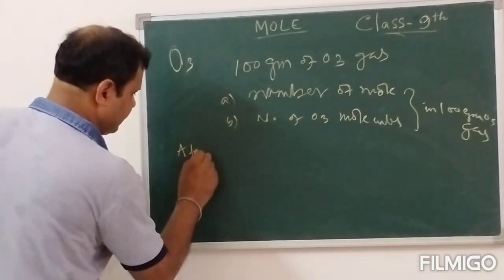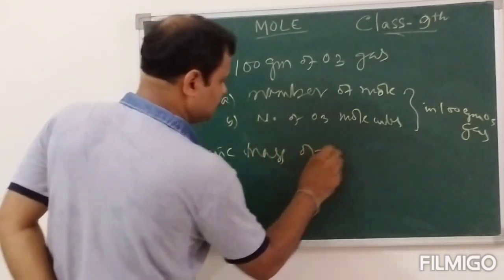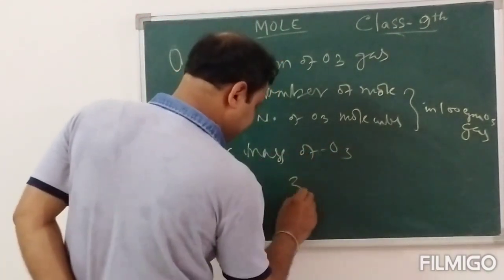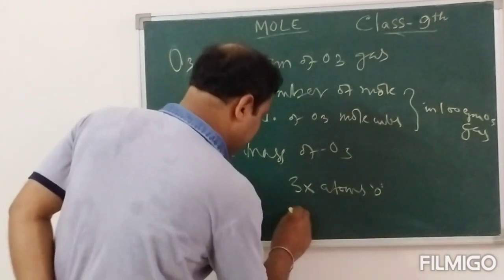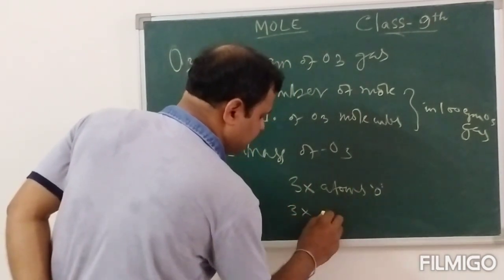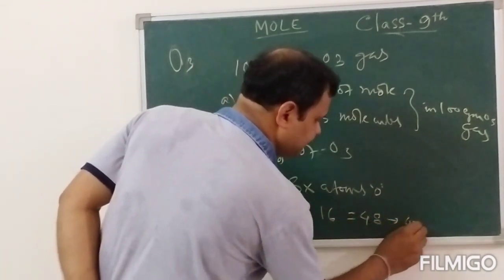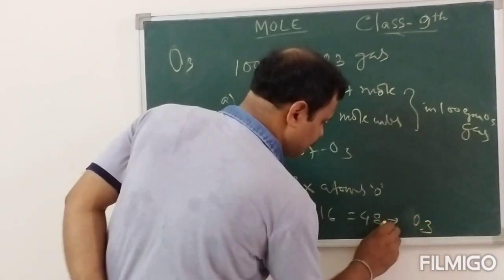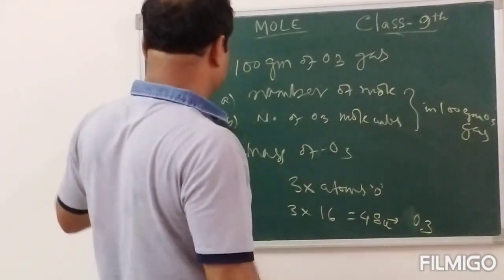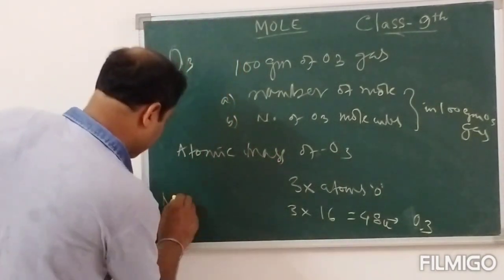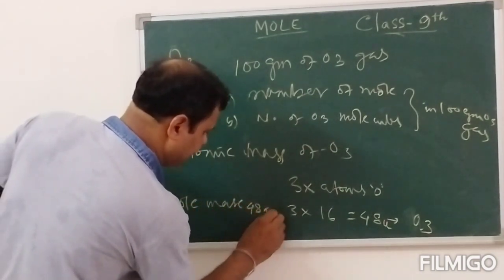So first we have to find the molecular mass of O3. It has 3 atoms of oxygen. The atomic mass of oxygen is 16, so it is 48 units for O3. So the mole mass will be 48 grams.